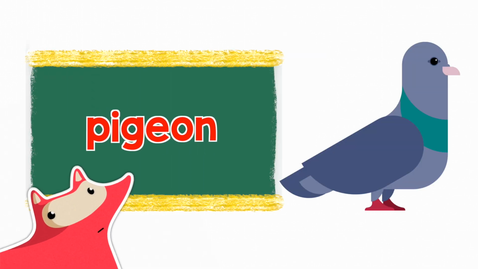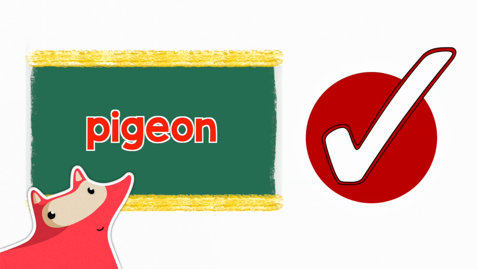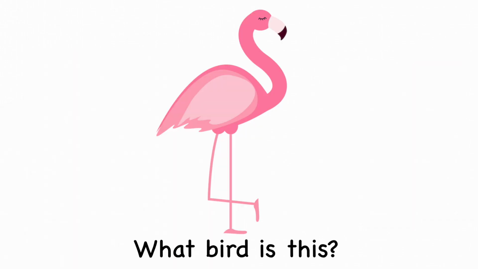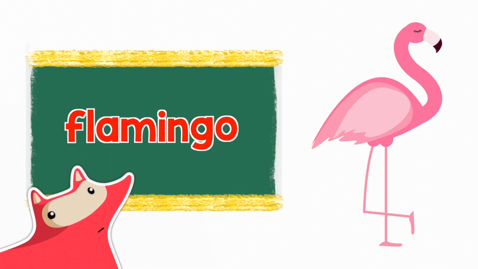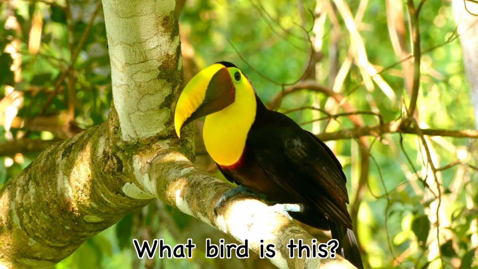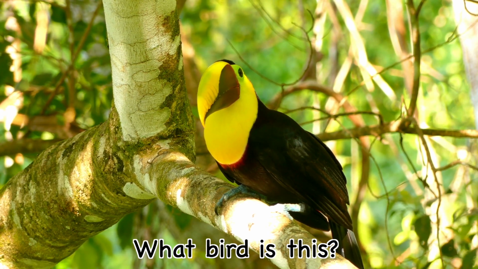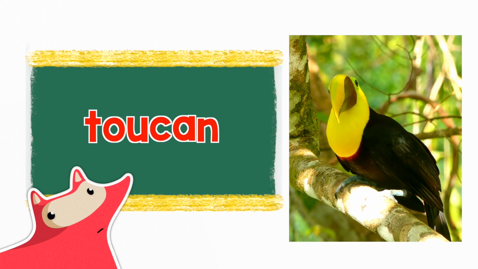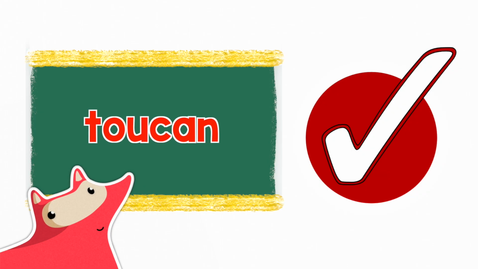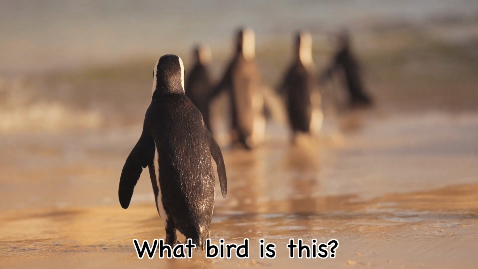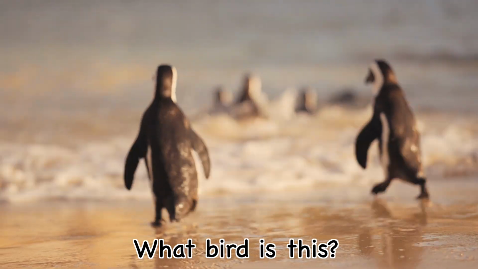Wow, I'm so proud of my TC kids. They're called pigeon. Next, what bird is this? Good job, TC kids. They're called flamingos. Next, what bird is this? Great job! They're called toucan. Next, what bird is this?